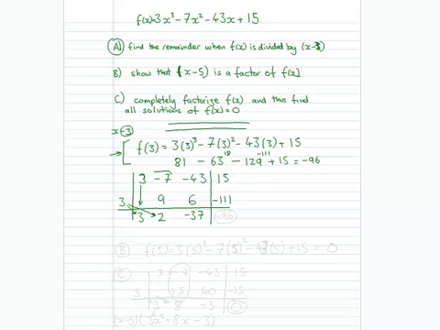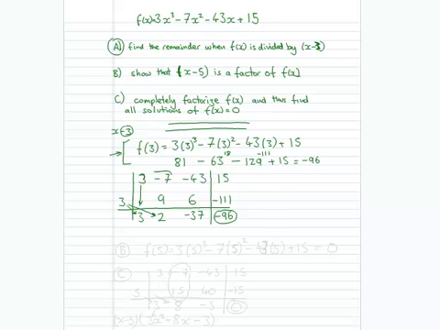And totaling the final column, 15 take away 111 gives us minus 96 again. And so we get the same answer. The arithmetic is a little bit easier, but like I say, this kind of question with the large coefficients you'd mainly find in a calculator paper. Okay, that's the easy bit.